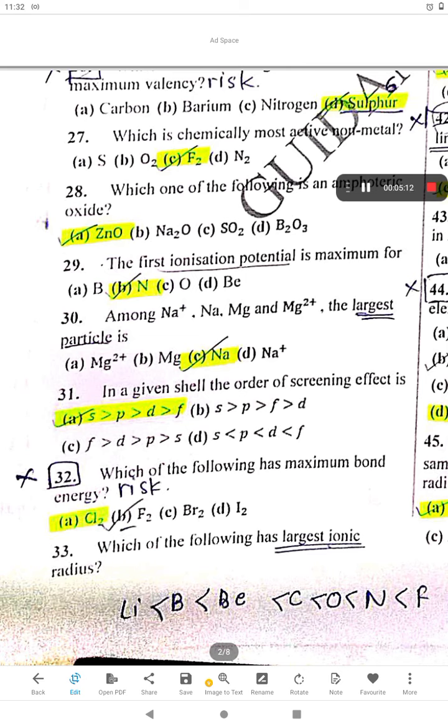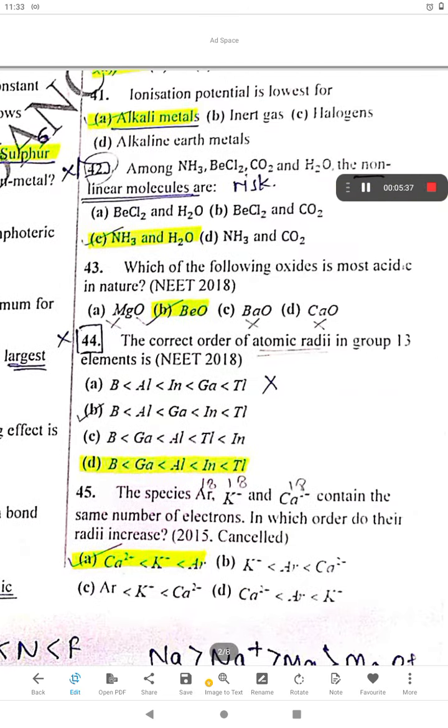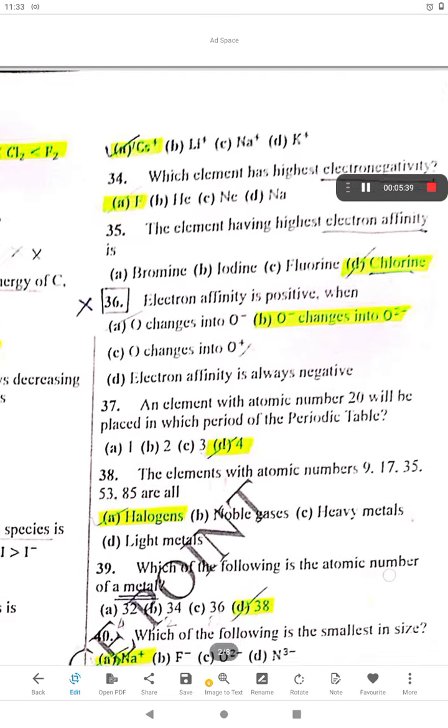Chlorine has 57. Bromine has 45.5 and iodine has 35.5. So, due to greater inter-electronic repulsions between the lone pairs of electrons, fluorine has less bond energy than that of chlorine. So, the maximum bond energy will be of chlorine. Right. So, A option is the right answer.